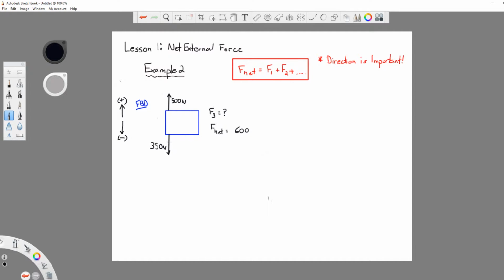That means this force down is negative 600 newtons. This 350 is also negative 350 because it's down, and this is a positive 500 up.